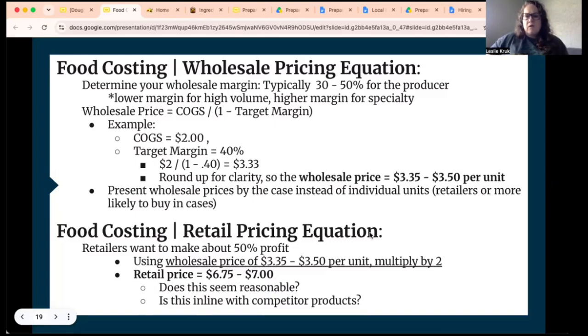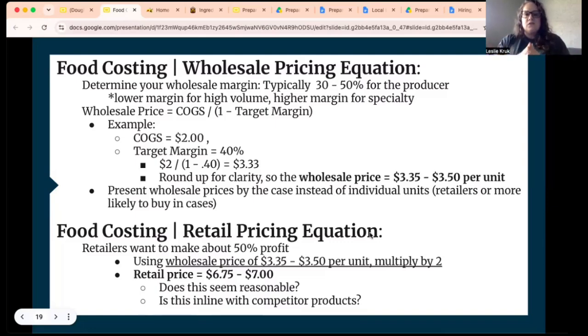So it might be a lower wholesale margin for those, closer to 30%. But then maybe you also have something on your menu that is a specialty product. It utilizes special ingredients or takes a lot of labor, has multiple steps. You would go higher on that wholesale margin to protect yourself, to pad that in.